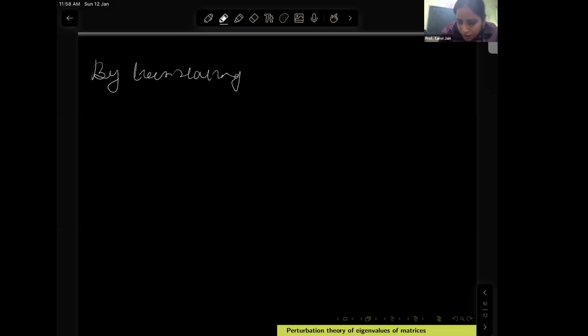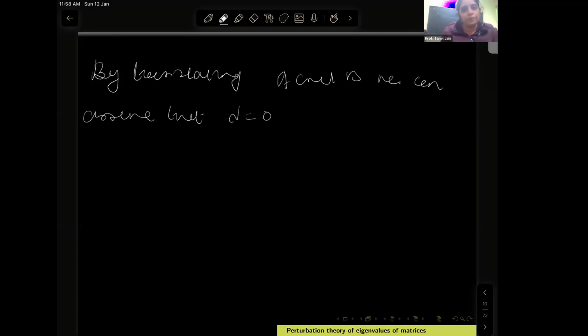So by translating A and B, we can assume that my lambda is equal to 0. I can do that, and it will make my proof very simple.